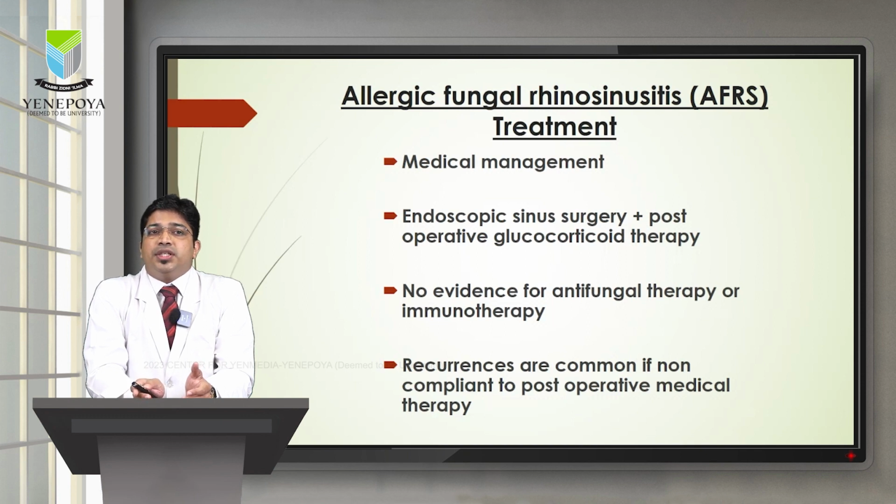But whenever the patients are non-compliant to the postoperative treatment, if they think that surgery has been done and there is no need for any further treatment, then it has been noted that there have been cases of recurrences and recalcitrant disease.